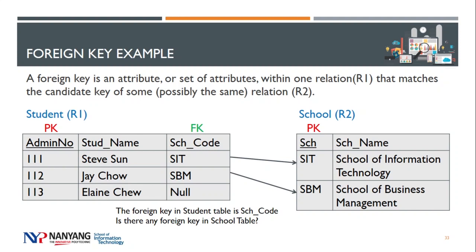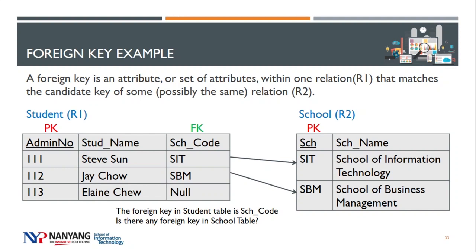The school code, which is the foreign key in the student table, is then linked to the primary key in the school table. So this is how it works.